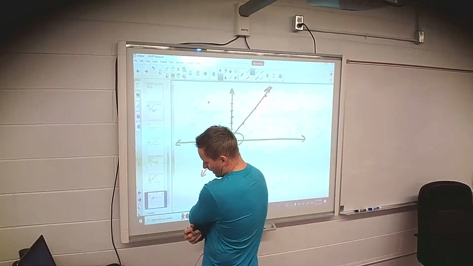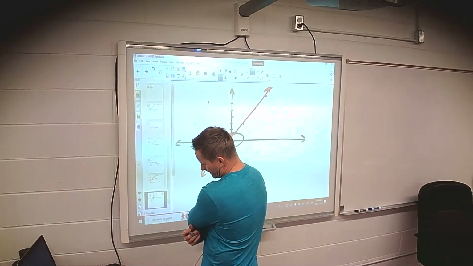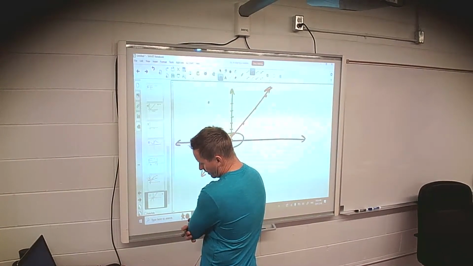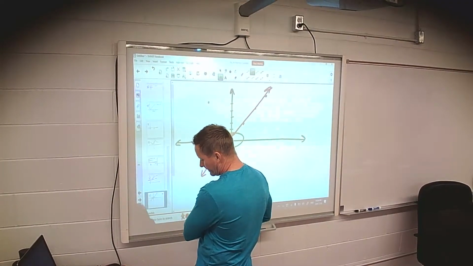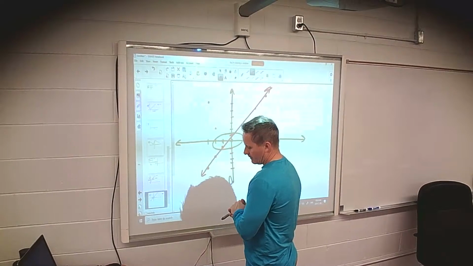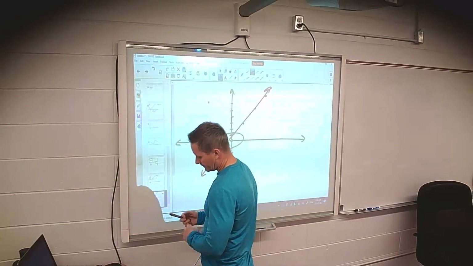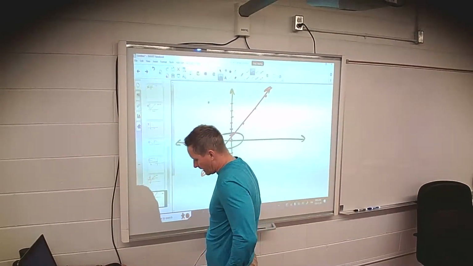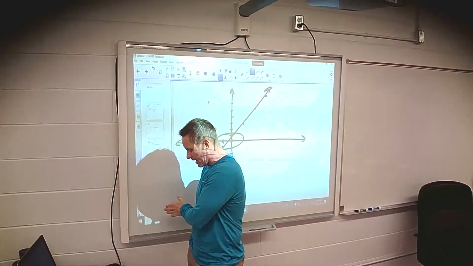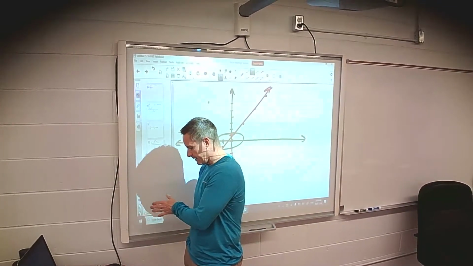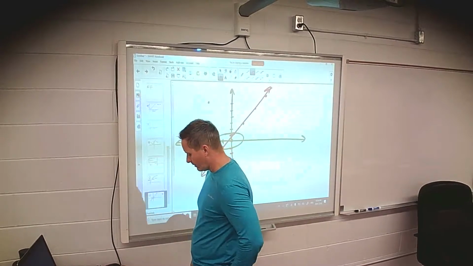So it says describe each in words. As you move to the right, you go up by 2. For that B part, which is not an easy thing to describe, each time I go right 1, I go up by 2.